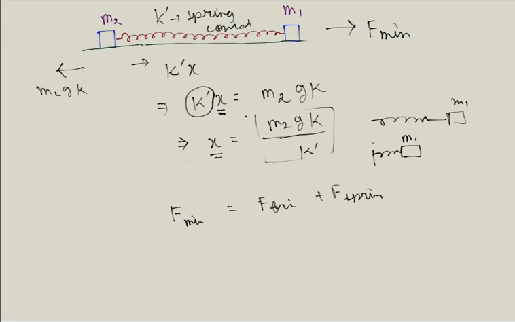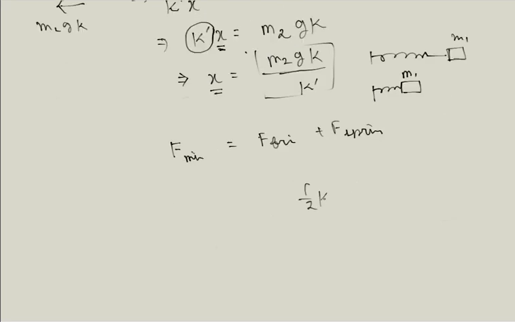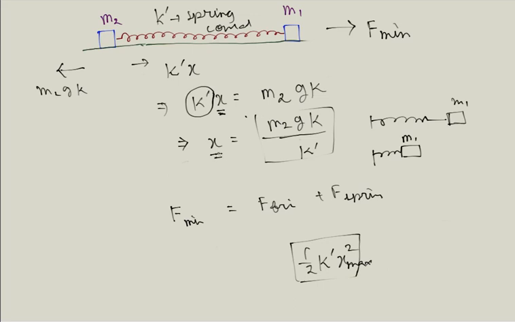When the spring is elongated to the maximum extent, or compressed to the maximum extent, the energy is stored as spring energy, that is, half k' x squared. So this x maximum, the maximum elongation or compression, is equal to this x, because for maximum x the spring force will be maximum.